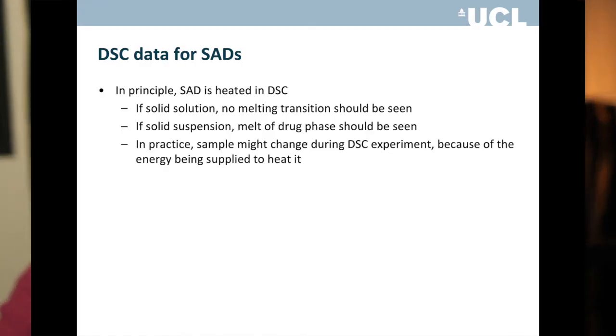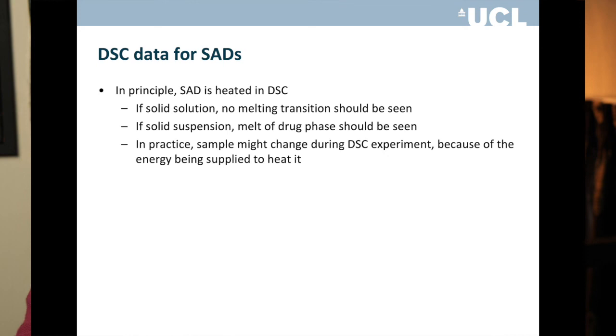So the last thing is, how would we use DSC to look at a real solid amorphous dispersion? The answer is, it's very simple. Just take your amorphous dispersion, put it in a pan, heat it up in the DSC and see what happens. The tricky bit is that you've got to look at the peaks and interpret them properly.